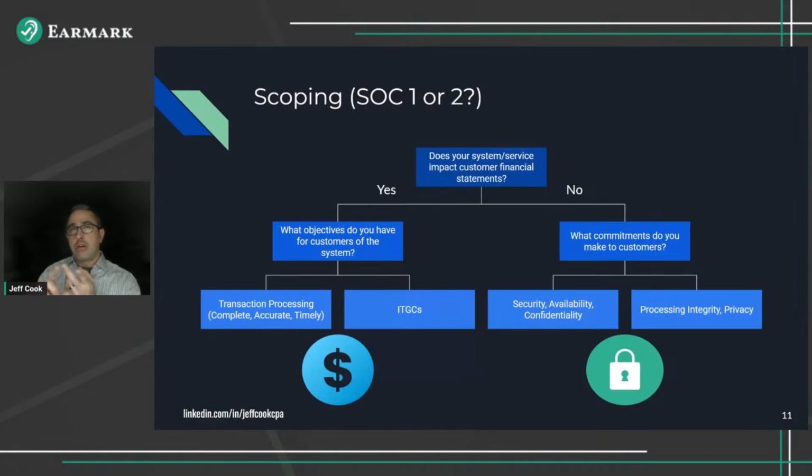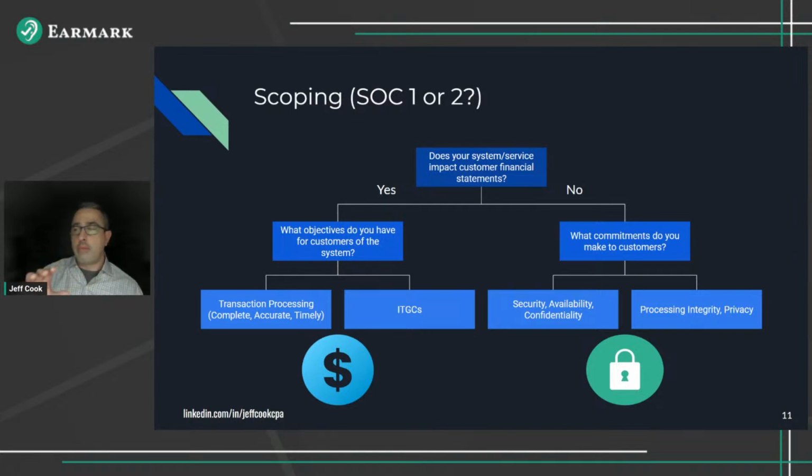So that's going to be security, change management, access, those things I was mentioning before. But you're also going to have transaction processing because it's a financially impacting system. So does the system calculate completely, accurately, and timely the data it's processing? Think of ADP again, a payroll processor. You need to know, is it being processed completely, accurately, timely, right? So those are the objectives you'll have in a SOC 1.